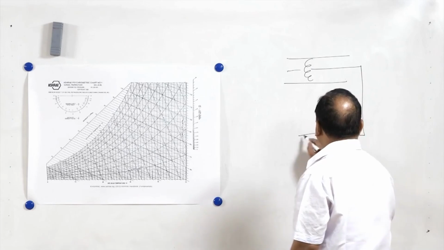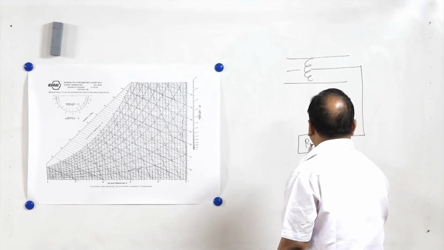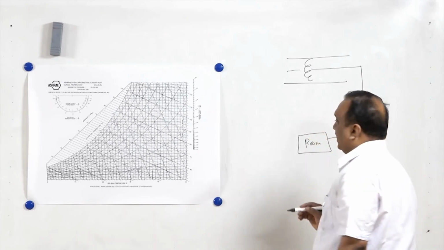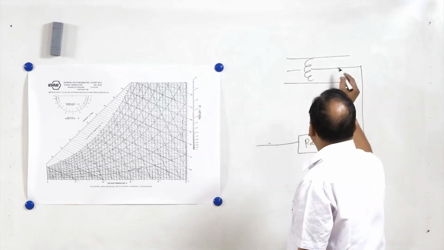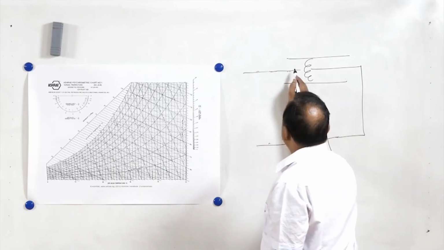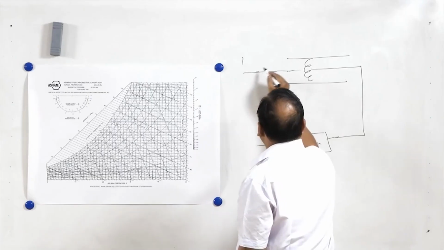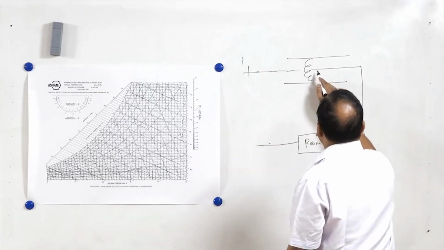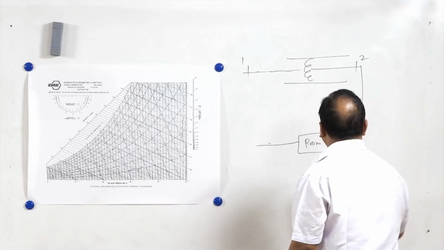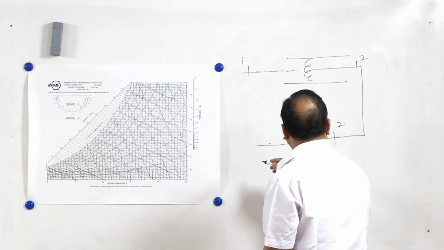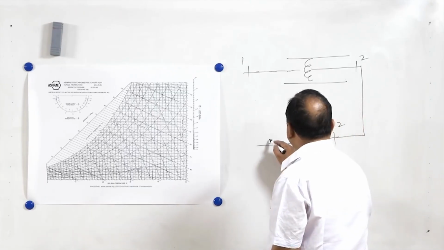There is a room, and let us say this is outside air, state 1. From state 1 it is entering the coil, leaving the coil at state 2, then entering the room at state 2 and leaving the room at, let us say, state 3.